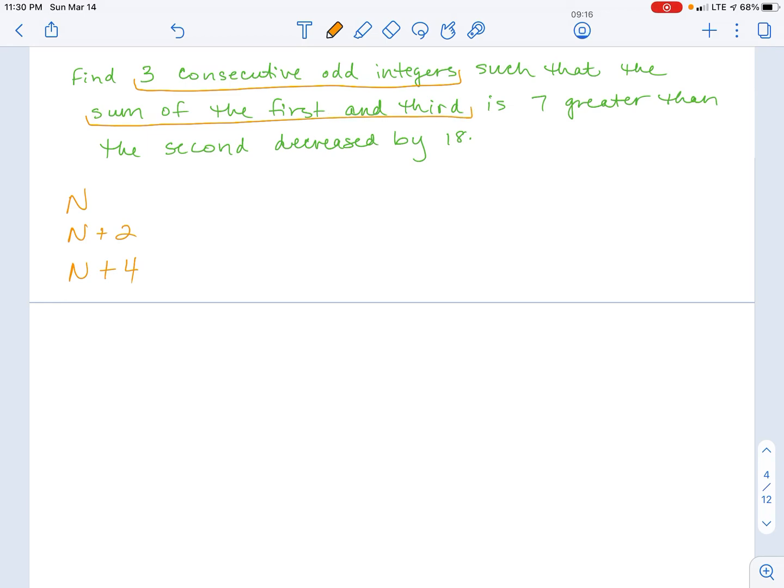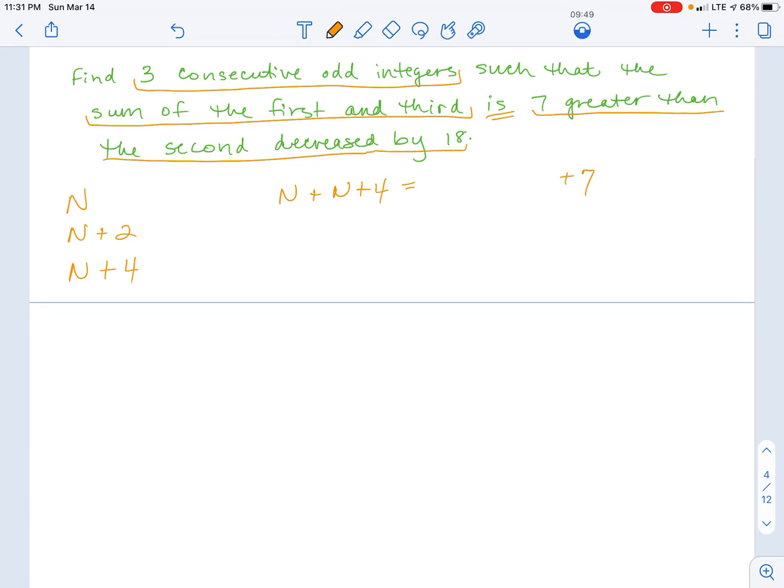let's write that in. So the sum of the first, which is n, and the third, which is n plus 4. I'm really not going to need my parentheses on there, so I'm going to leave that as is because we're just adding all of those, is, which is our equal sign, 7 greater than what? 7 greater. Remember how we talked about that's going to be at the end because it's 7 greater than some number. So 7 greater than the second number decreased by 18.